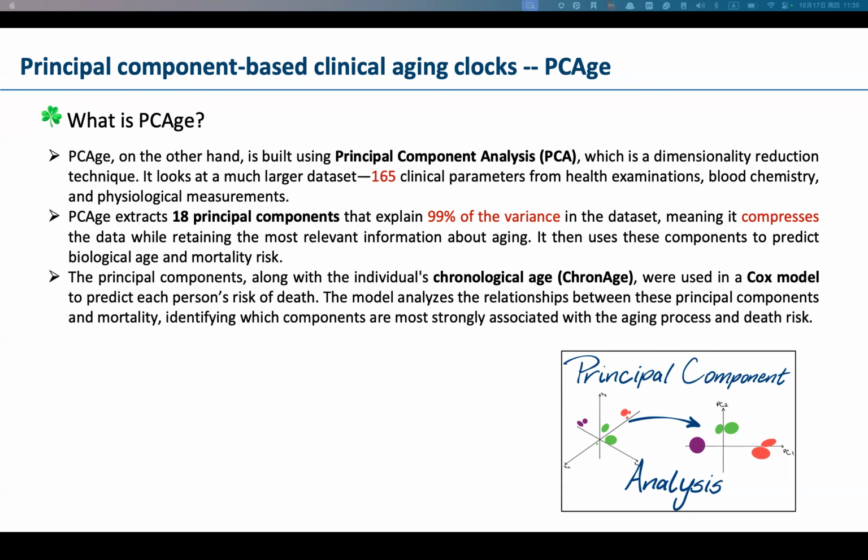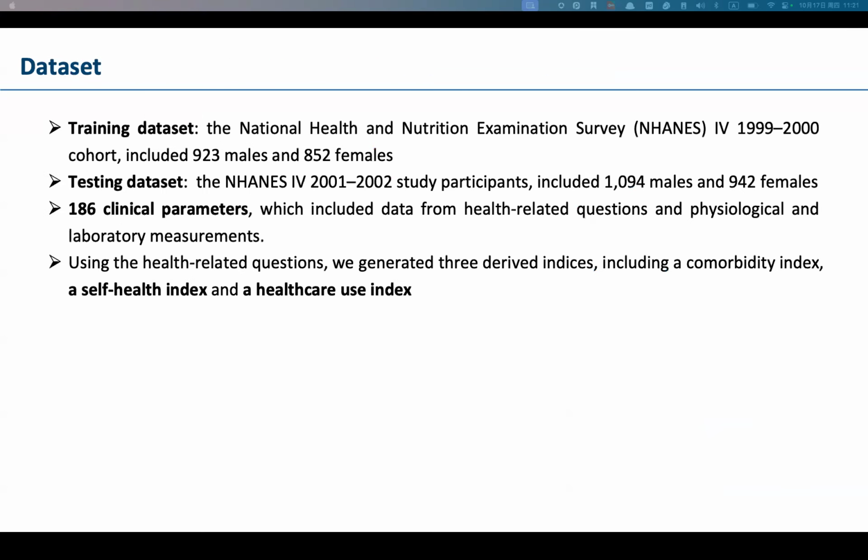I think the most important part in this paper is how they use the PC age to do a series of analyses. And let me introduce it. First, let me introduce the dataset in this paper. The training dataset is using NHANES 4.